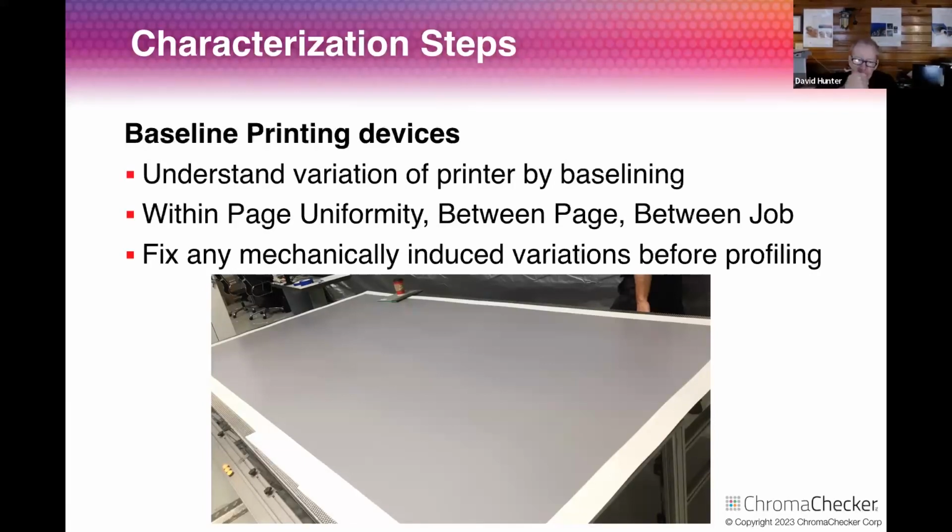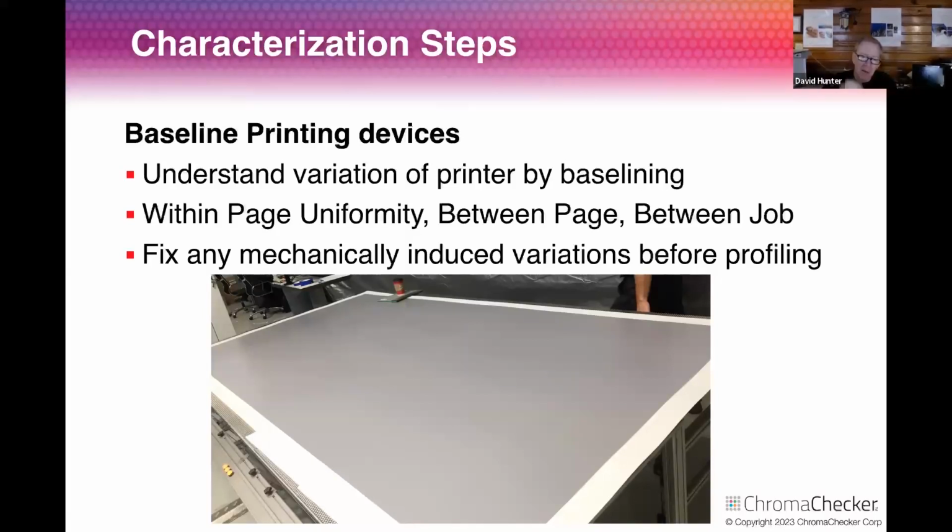And if you look at the picture I have here, I don't know if it's showing well, but the upper right is more purple, the lower left is more green, the bottom is more pink. There's a lot of variation going on in this printer. And this was a picture taken some years ago where a very large company had brought me in to help them with profiling their printer because the profile wasn't working.